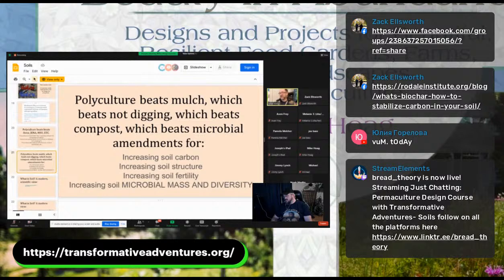And here's the important thing. It beat them for increasing soil carbon, soil structure, soil fertility, plant growth, and soil microbial mass and biodiversity. So just using mulch will increase the soil microbe biodiversity and biomass. It'll increase the microbial goodness better than a spray for the microbial goodness.